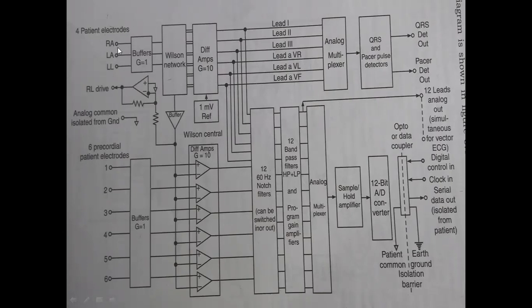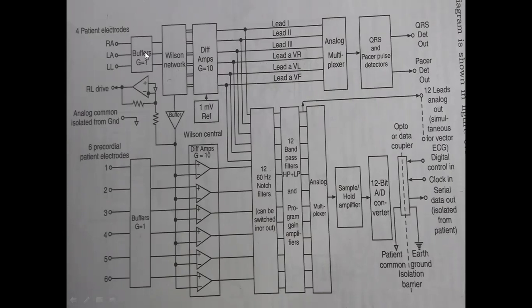The potentials from the right arm, left arm, and left leg are connected through buffer amplifiers to the Wilson network. This is the Wilson network. So like that we will have lead 1, lead 2, lead 3, and leads aVR, aVL, aVF. Here are the buffer amplifiers.